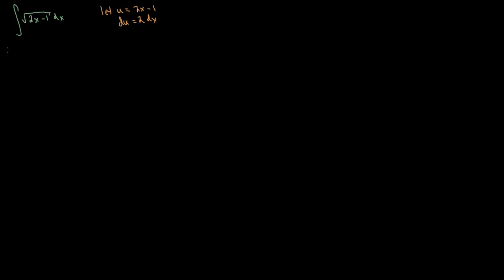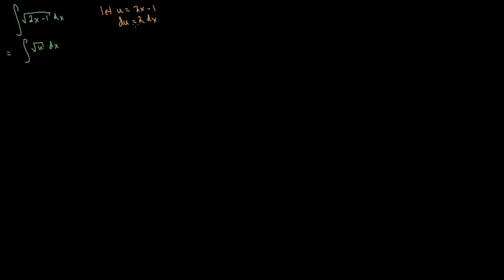We could say this is equal to the antiderivative of the square root of u, but I still have a dx. Now here's, I guess, another common mistake. We can't have dx's or x's and u's mixed together. We either have to have all x's, like we do when we're starting here, or we have to have all u's. We can't have du's and x's, or u's and dx's. It has to be u's and du's, or x's and dx's.